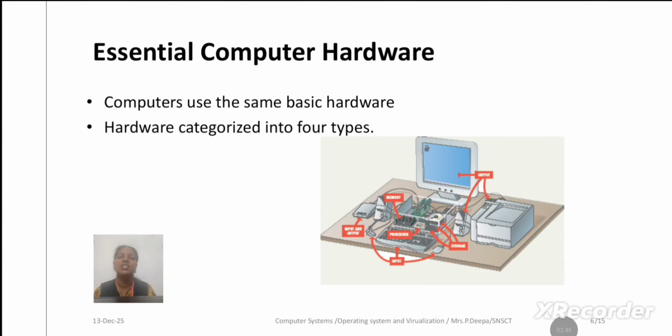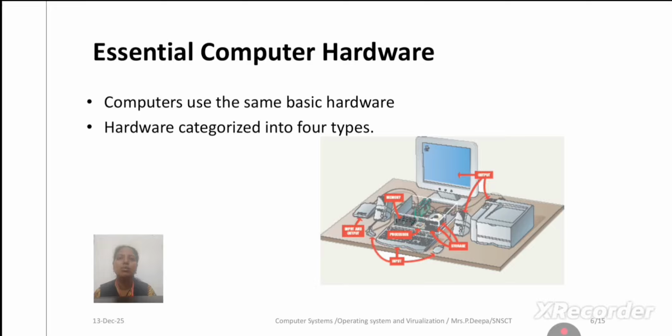The essential computer hardware includes input devices, output devices, processing devices, and storage devices, etc. Input devices such as the keyboard, mic, and scanners are used to enter the data.